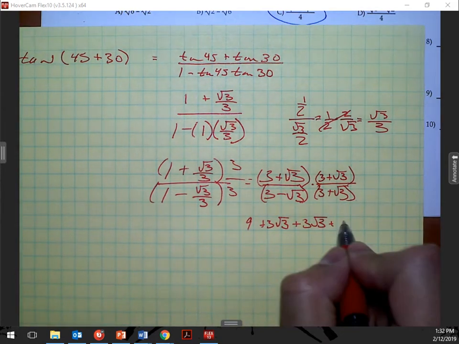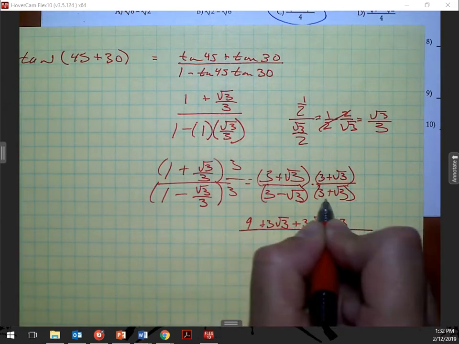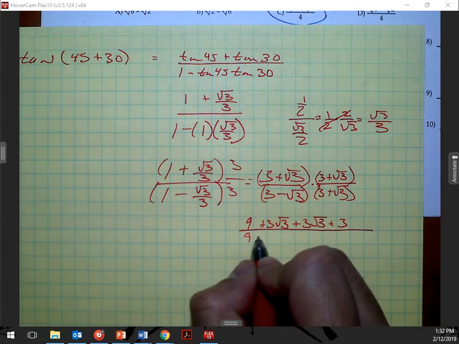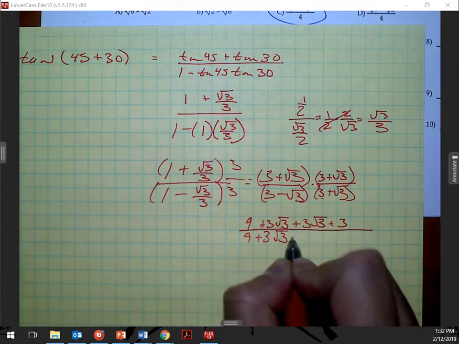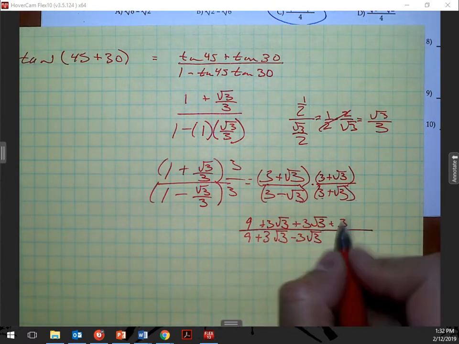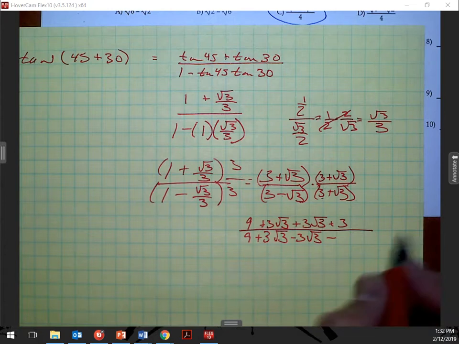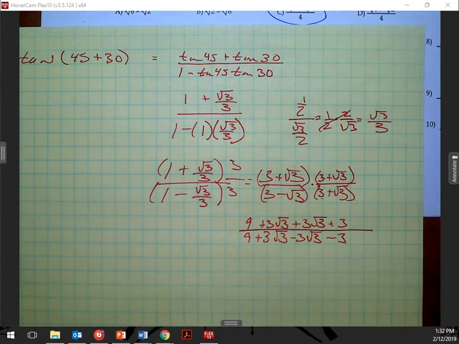Which is just 3. All that is going to be over 3 times 3 is 9. 3 times that, so it's positive 3 rad 3. A negative 3 rad 3. And a negative times a positive is a negative. Rad 3 times rad 3, negative, just 3, right?